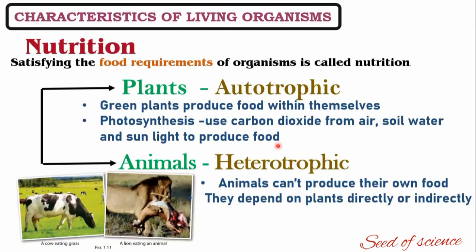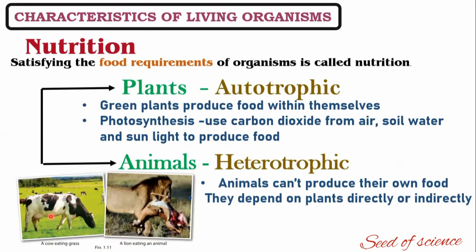Here you can see the cow eats the grass directly. We call animals eating plants herbivores, right? So the animal takes the plant directly. And some animals take plants indirectly.